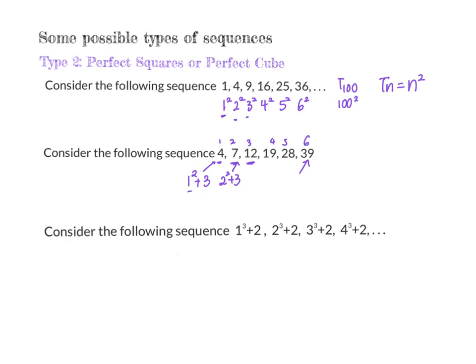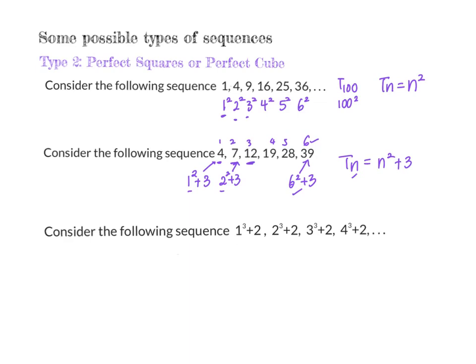If I go according to this pattern, it will be 6 square plus 3. So for this kind of pattern, if it's the 6th term, I get 6 square plus 3. If it's the nth term, I'll get n square plus 3. There can be many different types of patterns with squares in them. I can't give you a conclusive summary list, but here are some of the patterns you should take note of.